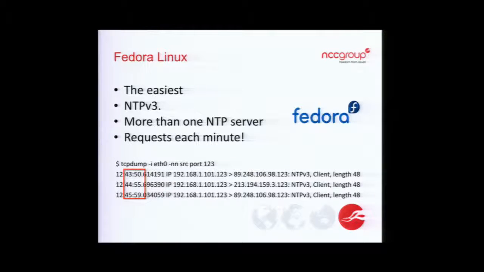This is what Fedora does. So this is a problem because if you want to change the clock 10 years into the future, you can be some time waiting for that synchronization.